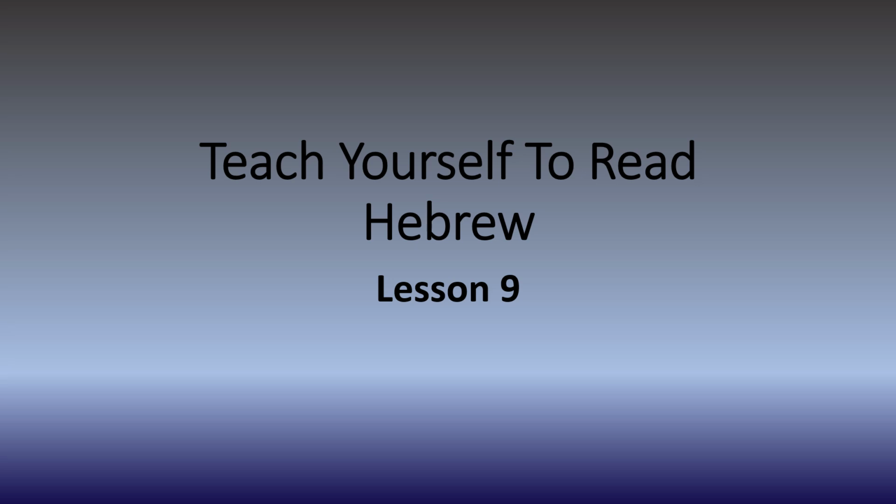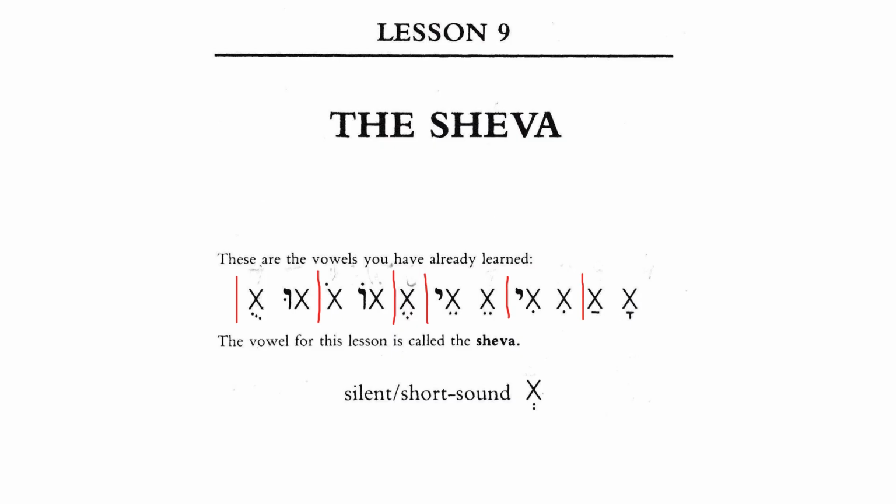So let's get started. The vowels we've learned so far: we have the two ah sounds, kamatz and patach. We have the two e sounds, chirek and chirek yud. We have the two a sounds, tsere and tsere yud. We have the segol sound.